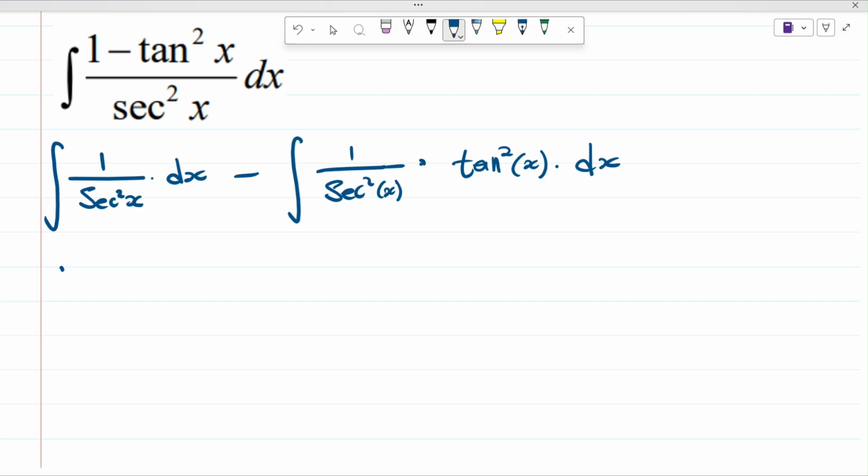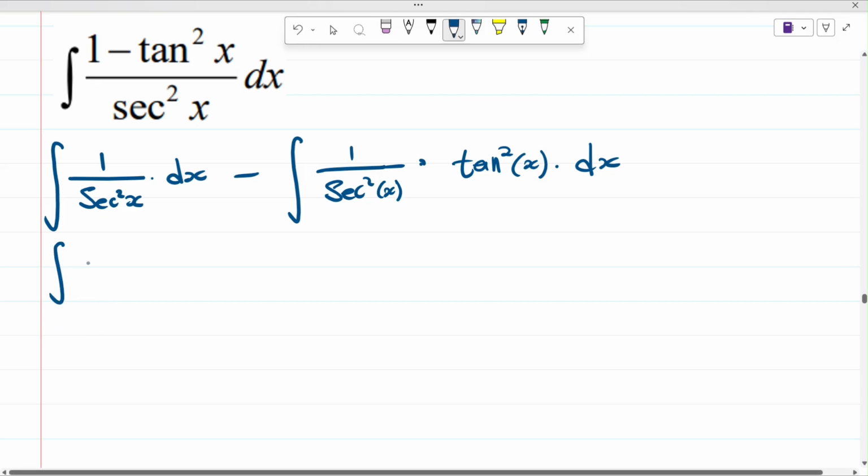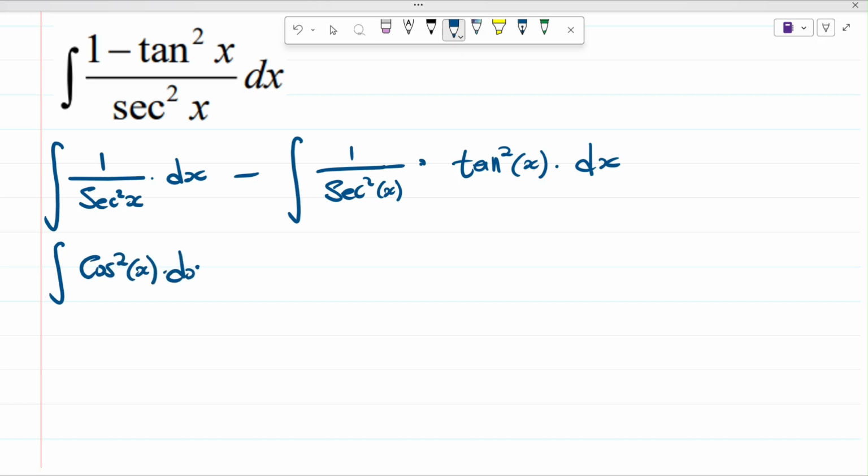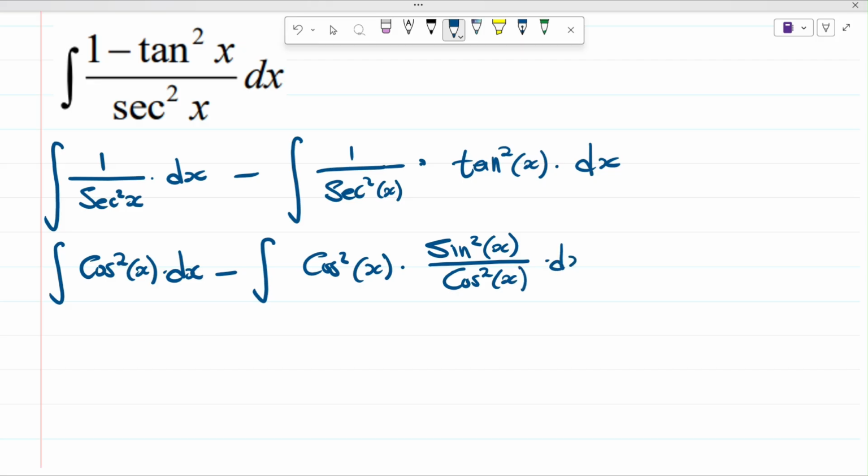So this is going to be the integral of cos squared of x dx minus the integral of cos squared of x multiplied by, so let's change tan squared into its equivalence as well. So we'll change it into sine squared of x divided by cos squared of x dx.